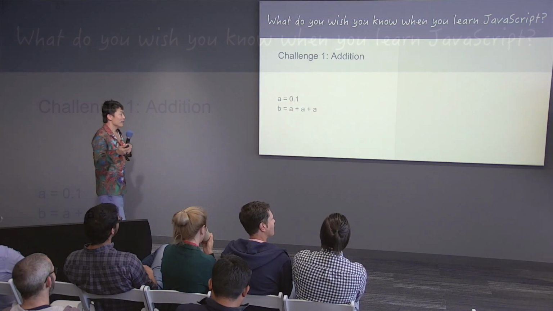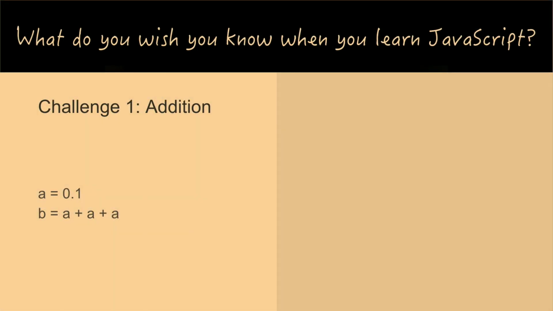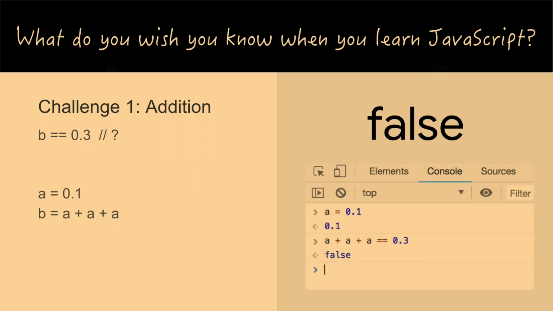Given A equals 0.1, and given B equals A plus A plus A. So the question is: is B equals 0.3 true or false? False? True? False? Awesome, it's false.